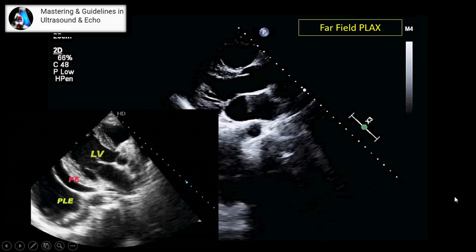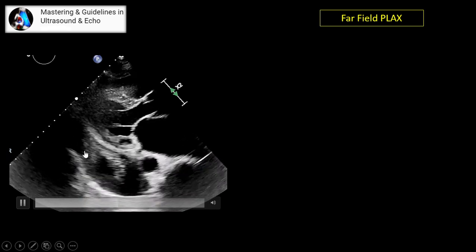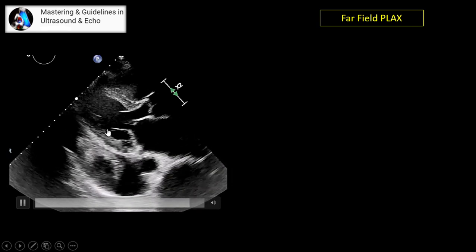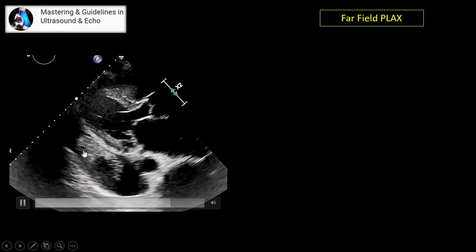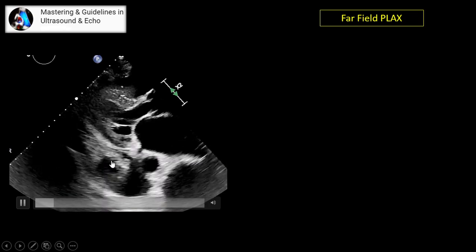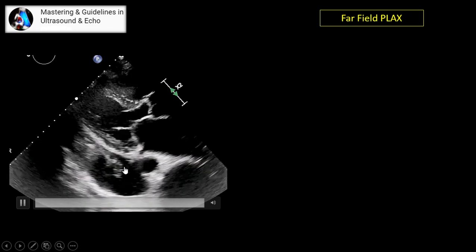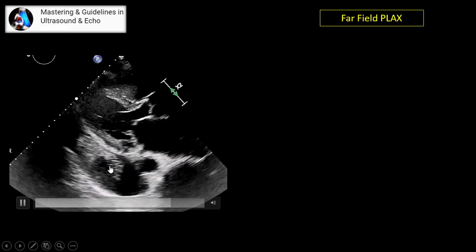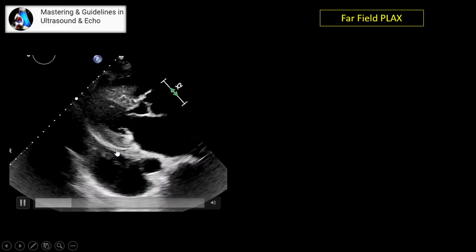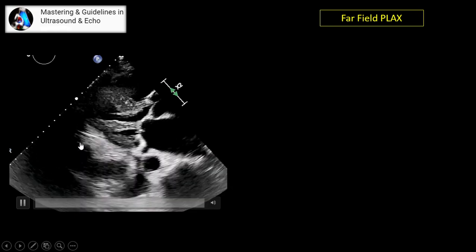If the end of the fluid packet is at the level of the aorta and beyond, posterior to the aorta, it will be pleural effusion. As you see in these clips, we have a large packet of fluid here, posterior to the heart, and we see some echogenicity inside this fluid packet that can be tissue like collapsed lung or other material like pus or blood clot, depending on what pathology creates this fluid. This packet ends posterior to the aorta, so this will be pleural effusion.